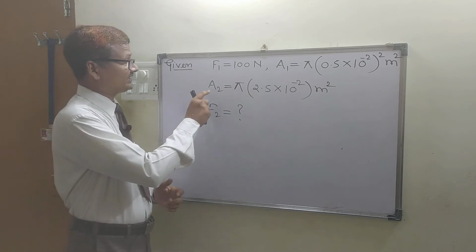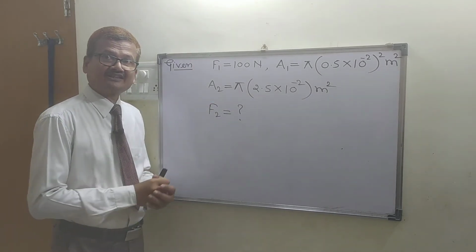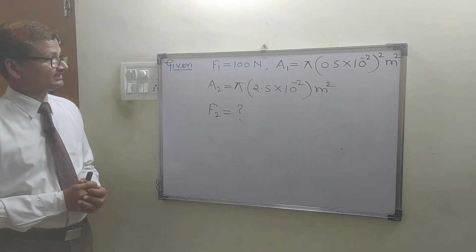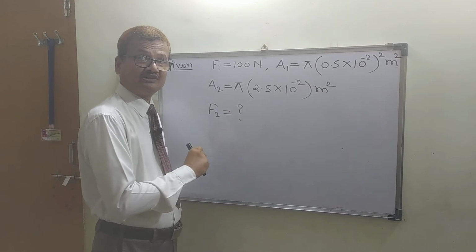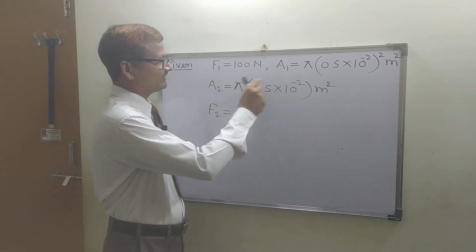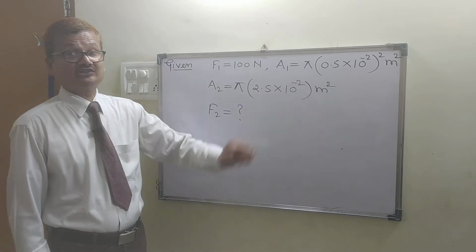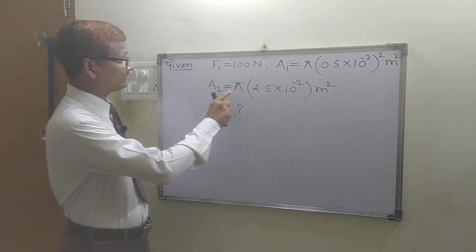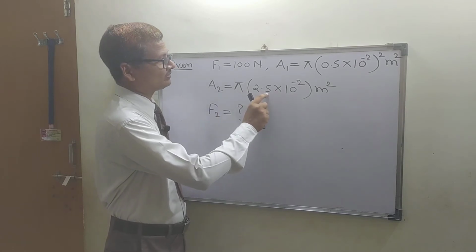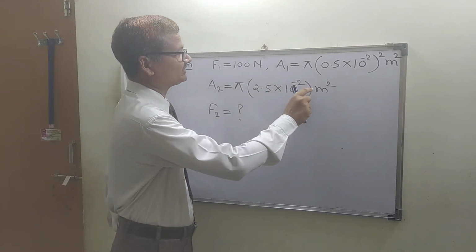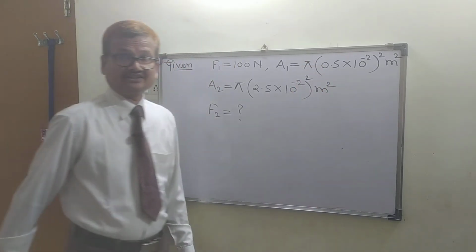And the slave cylinder, that is attached with the disc of the vehicle to stop the vehicle, this is A2, and A2 is equal to pi R2 square. R2 is given 2.5 centimeter. So in meter, R2 will be 2.5 into 10 to the power minus 2. Therefore A2 is equal to pi R2 square, pi into 2.5 into 10 to the power minus 2 whole square meter square.